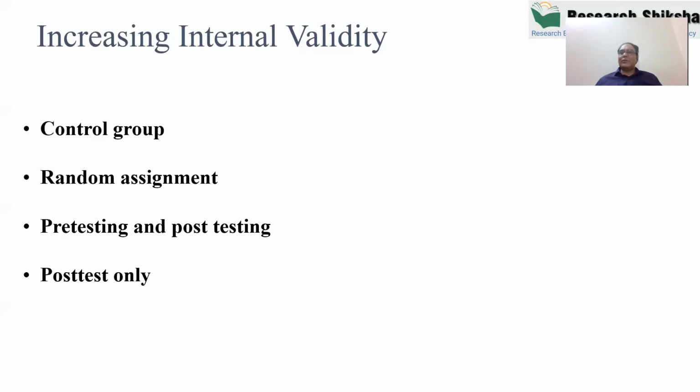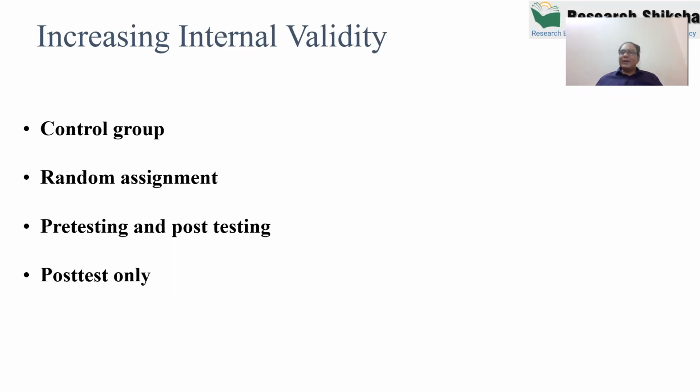These are some of the methods which the experimenter, the person conducting the experiment, should know and take care of. Control group means initially the control group and the experimental group should be exactly the same. This is one condition to remove internal validity problems. Second, random assignment should be done in the beginning, so that the control group and experimental group are the same.